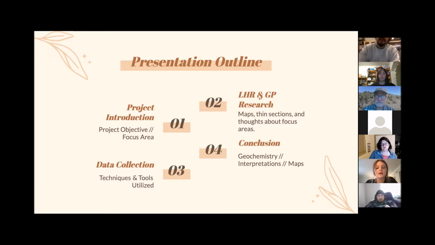And then I have the data collection, which is just the techniques and the tools that we used to be able to map the whole area. And then just our conclusion. We were able to do some geochemistry, which I won't dive too deeply into. Then we also have some of our final maps, as well as some interpretations for what our research led to.